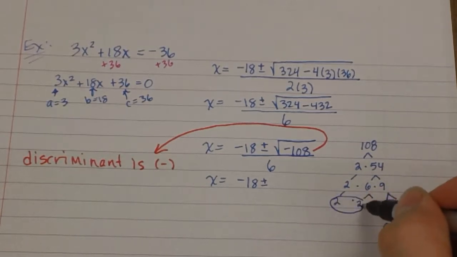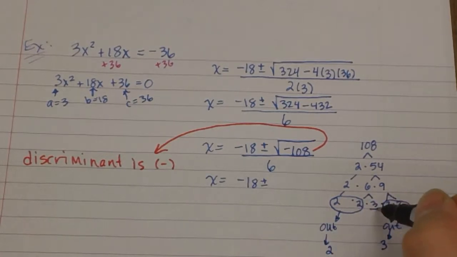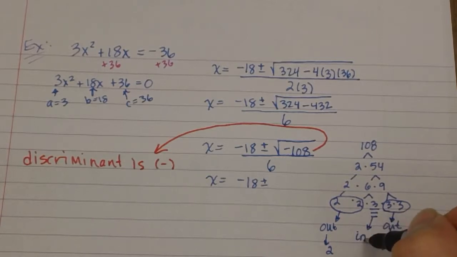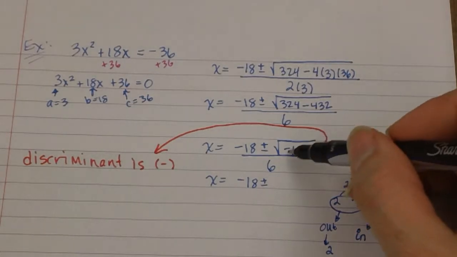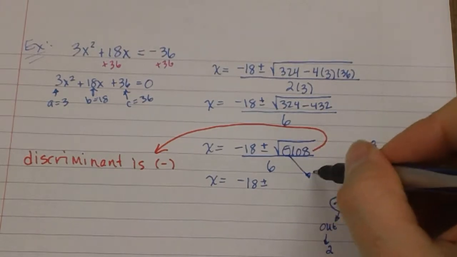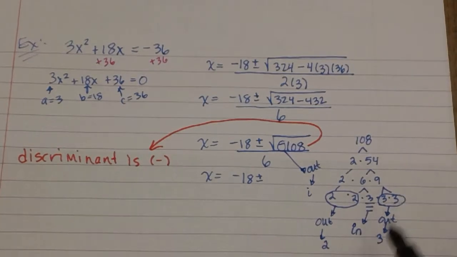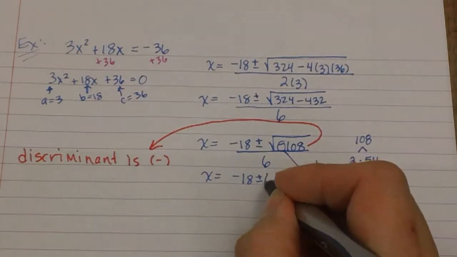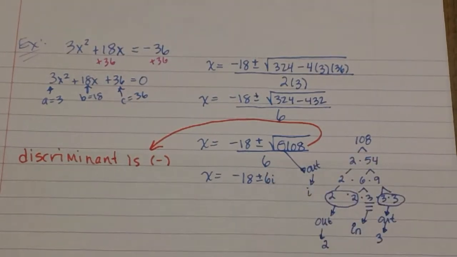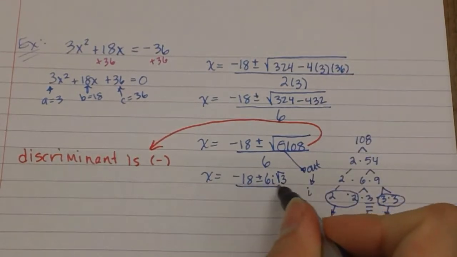I have a pair of 2's that comes out, turns into a 2. And then I have this 3 that stays in. The other thing I have going on is this negative under the radical. Remember, a negative under the radical comes out and turns into an i. So outside the radical, I have a 2 times a 3 times an i. So I'll have 6i. Inside the radical, I will have a 3, so 6i square root of 3, all divided by 6.